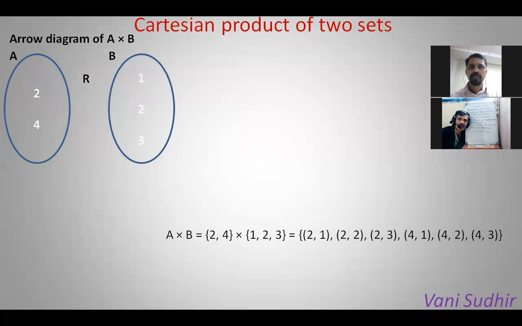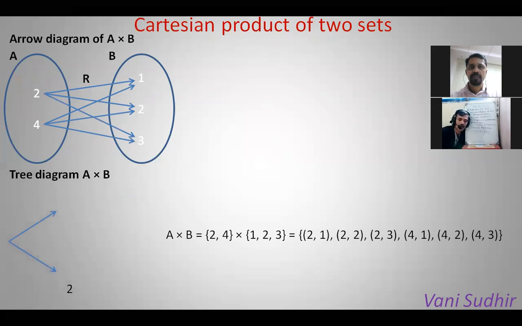See how I will pair. It is not a relation, it is the Cartesian product. In place of R, you can write A cross B. 2 comma 1, 2 comma 2, 2 comma 3. I can write all these ordered pairs. Next, I'll pair with 4: 4 comma 1, 4 comma 2, 4 comma 3. All these ordered pairs I wrote. Next, we'll write the same thing in a tree diagram.